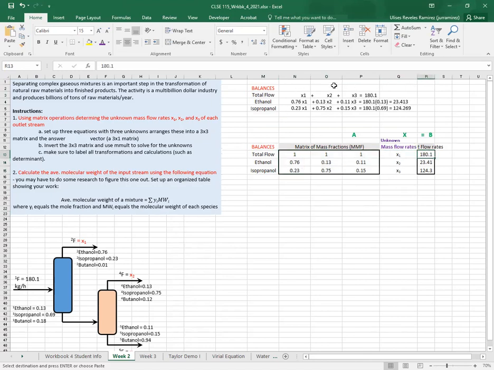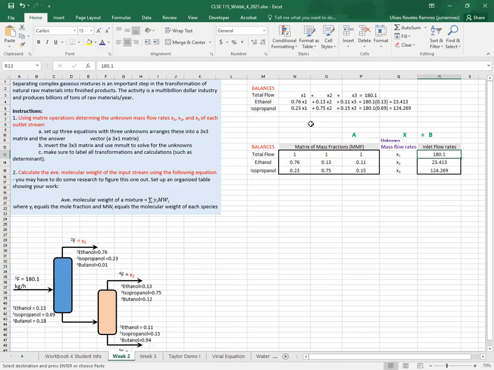So I'm changing these top three equations into the matrix form A times X, where X is the column of the unknown mass flow rates, equals B. B is the inlet flow rates, right? These numbers. Okay, that's the key part: changing from the three equations into the matrix form.